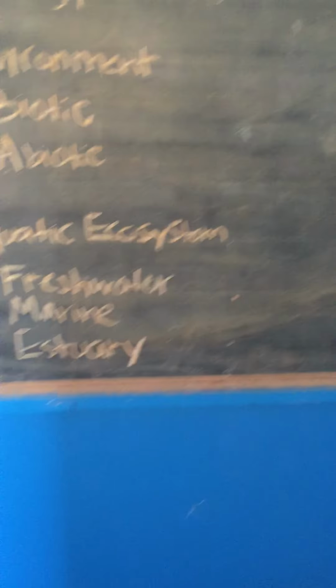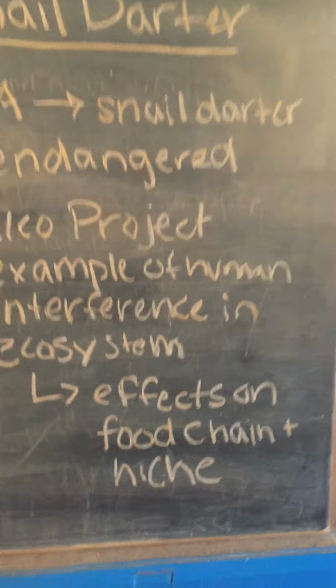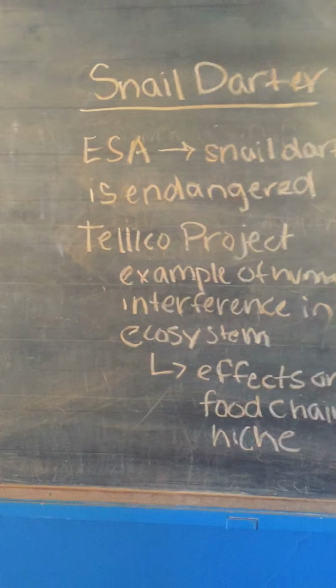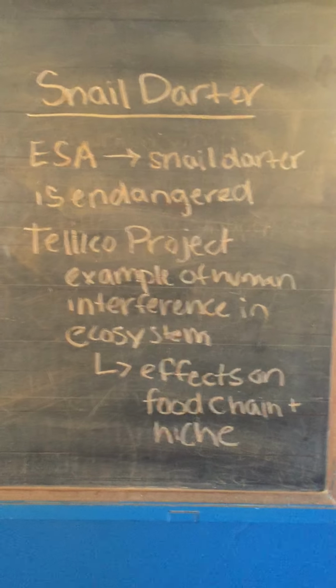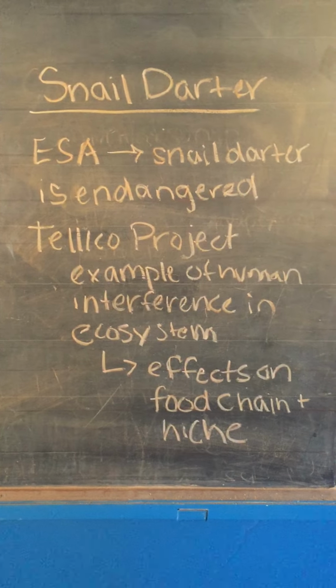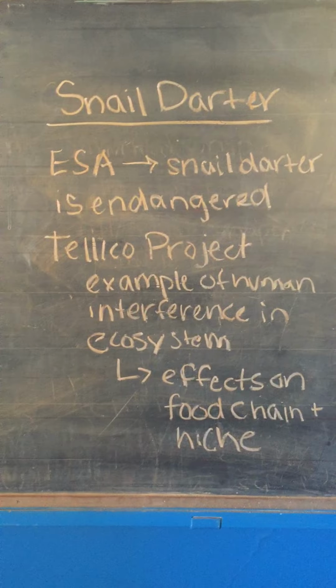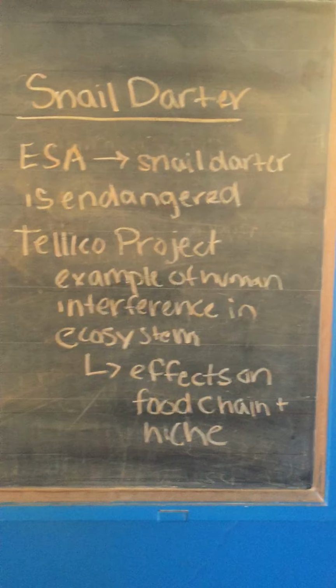It was originally thought that the snail darter only lived in the Little Tennessee River, and the population wasn't that big, so it was accorded protection under the Endangered Species Act of 1973.